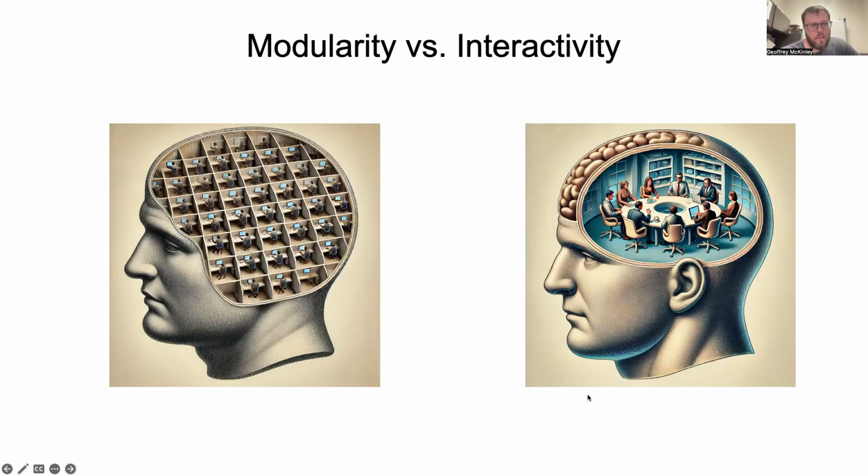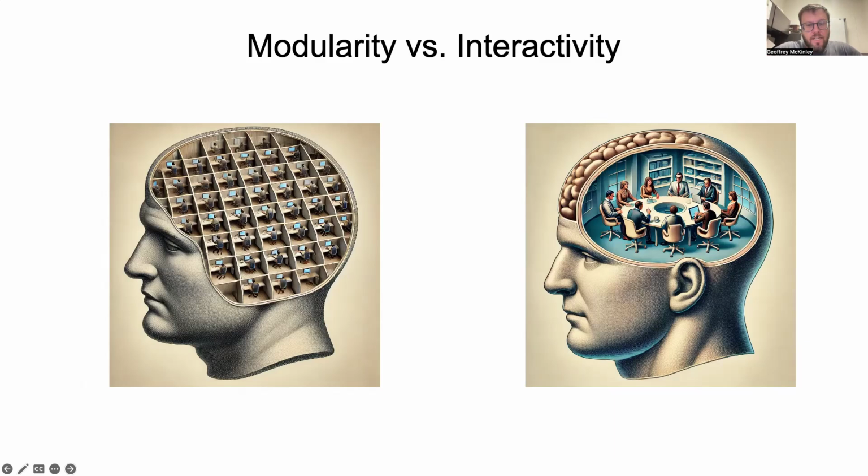And here in this picture, you can see there's a bunch of people in cubicles, and they're all doing their own thing. So if each one of these people is processing some aspect of a stimulus in the environment, that would be modularity. And notice how they're not talking to each other. They're just doing their own thing. And once they finish their task, then they might send that information over to a central processing unit.